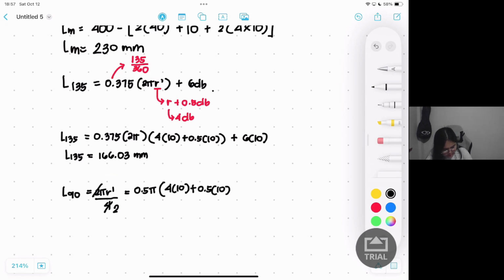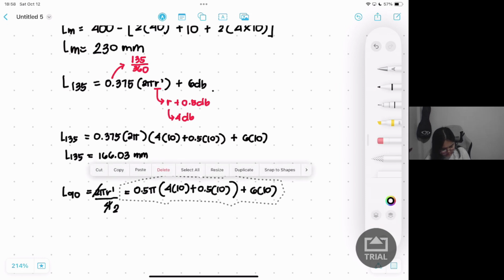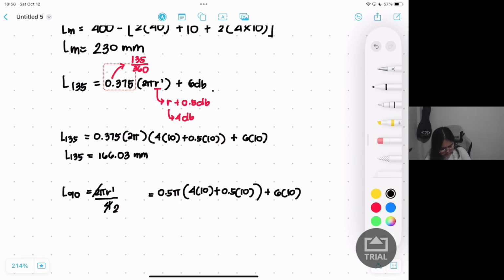And then, meron pa pala siyang extension na 6 dB rin. Okay? So, dapat meron pa siyang 6 dB. Dito. Yan. Okay? So, kapag kinalculate nyo yan, ang makukuha nyong answer ay 130.69 mm.